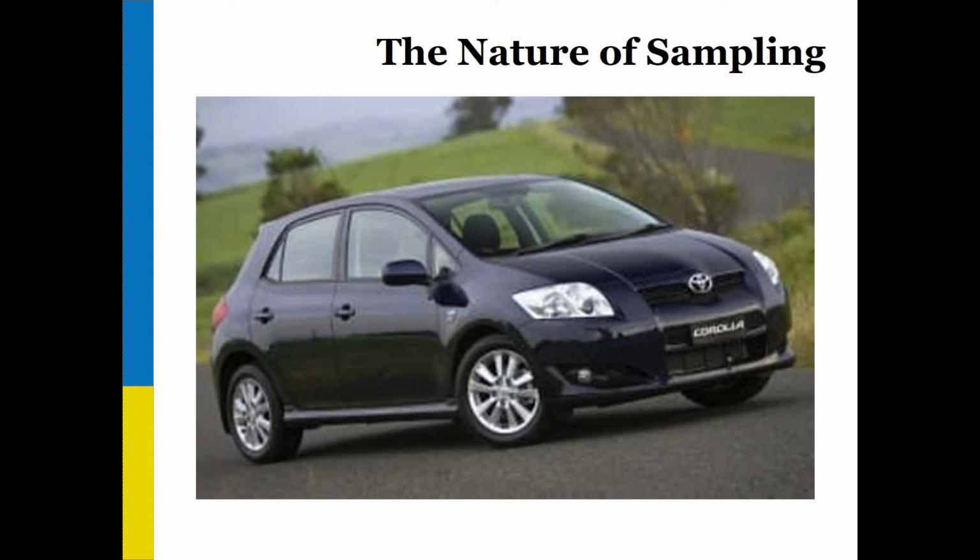So in this example, a population element is an individual Toyota Corolla, and the sampling frame or the sample frame is the listing of all Corollas that we are going to draw our sample from.